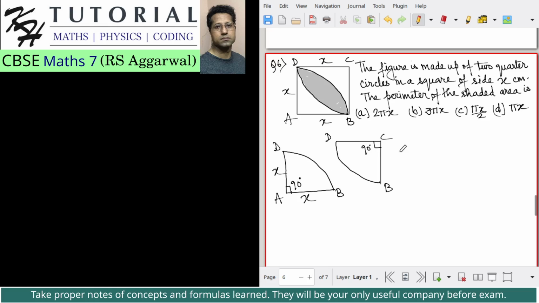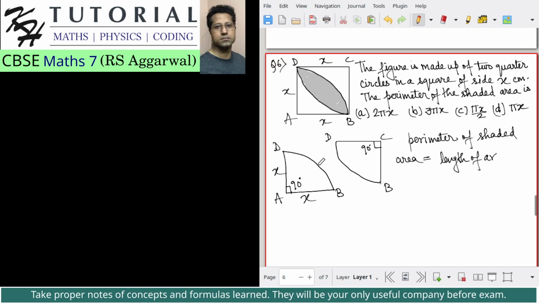Perimeter of shaded area is nothing but, not perimeter actually, length of arc.